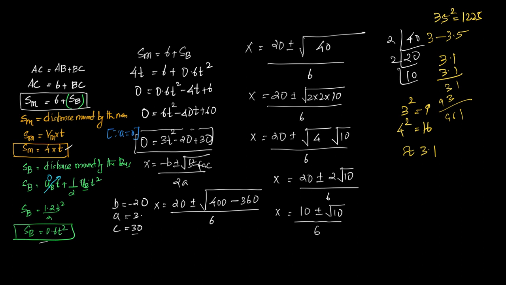Approximately. In which case, what is x is equal to? X is equal to 10 plus or minus 3.1 by 6. Now, when we say 10 plus or minus 3.1 by 6, what do we get?